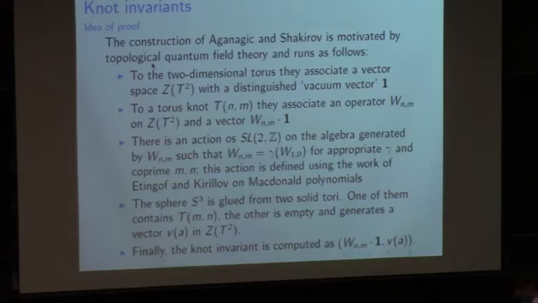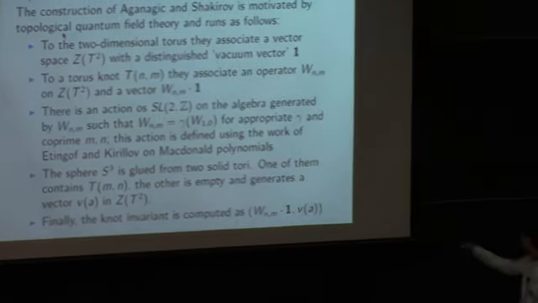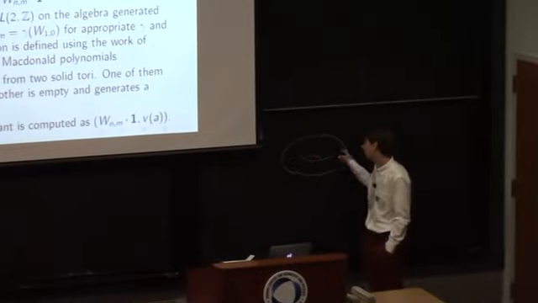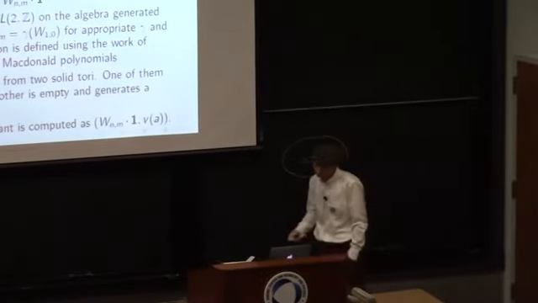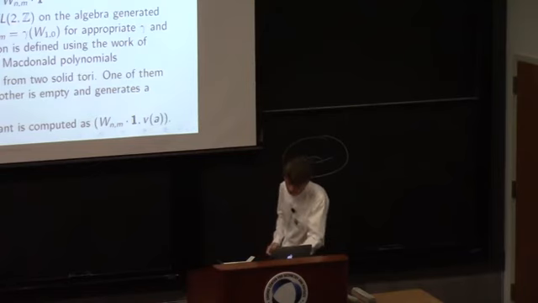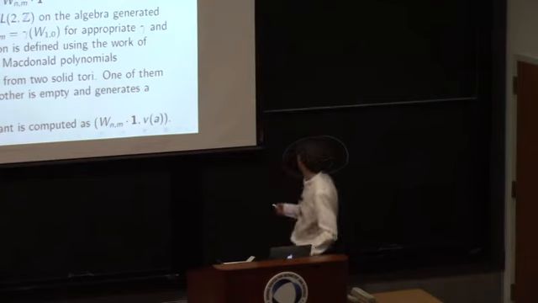And then, if I have a solid torus, then for every knot in the solid torus, there will be some vector in this space associated with this two-dimensional torus. And then there is an action of SL2Z on the algebra. So you have a vector in this boundary, and you have an operator acting on the boundary.